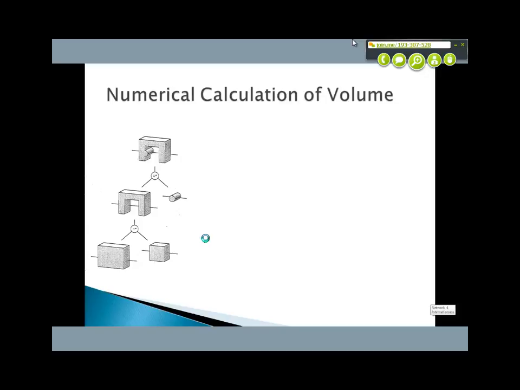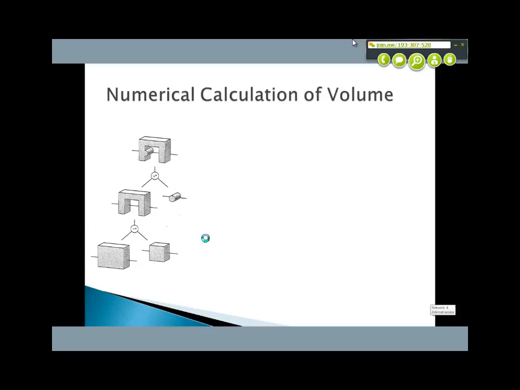Okay. So when we think about the computer, we think that the computer can do a lot of adding and a lot of subtracting, but it's not really good at doing triple integration. So what we need to do is figure out an approximate method, some kind of numerical approach to doing these calculations.